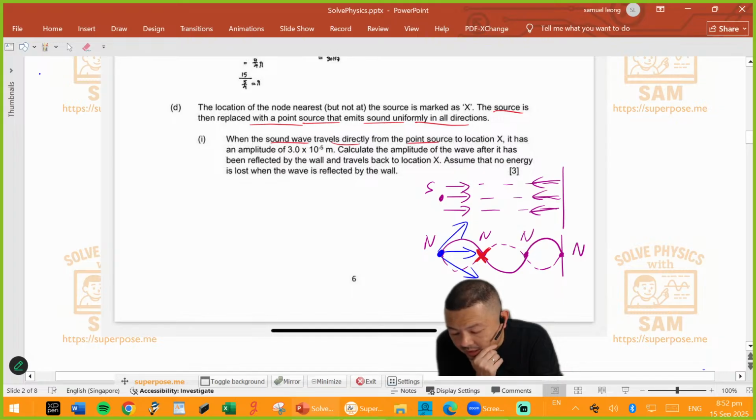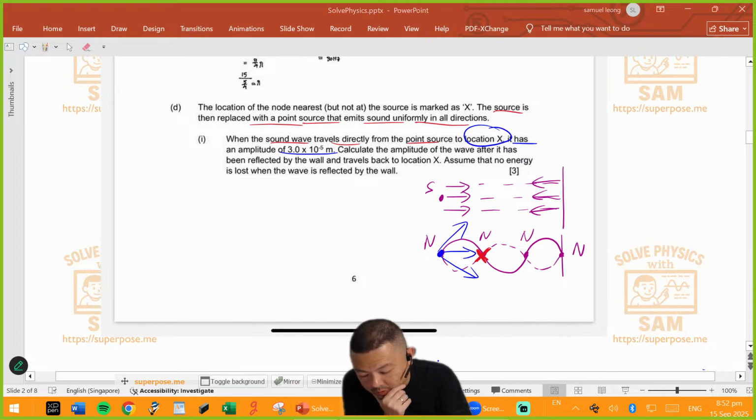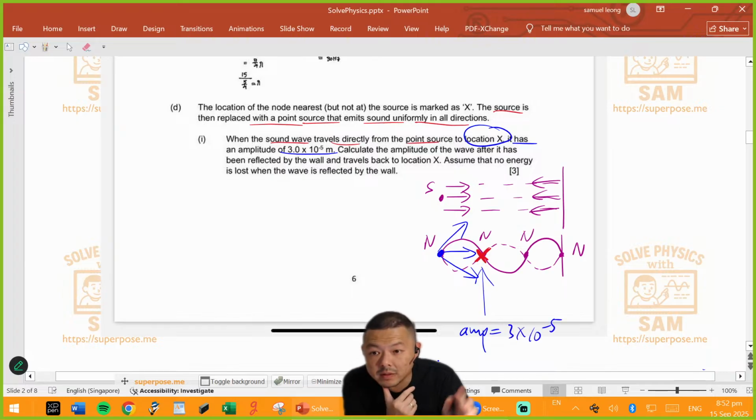And then they're saying that once it's at location X, it has an amplitude of 3.0 times 10 to the power minus 5. Correct? That's what they say, right? The location of the node nearest but not at the source is marked as X. I'm just following instructions, sorry. Is that right?